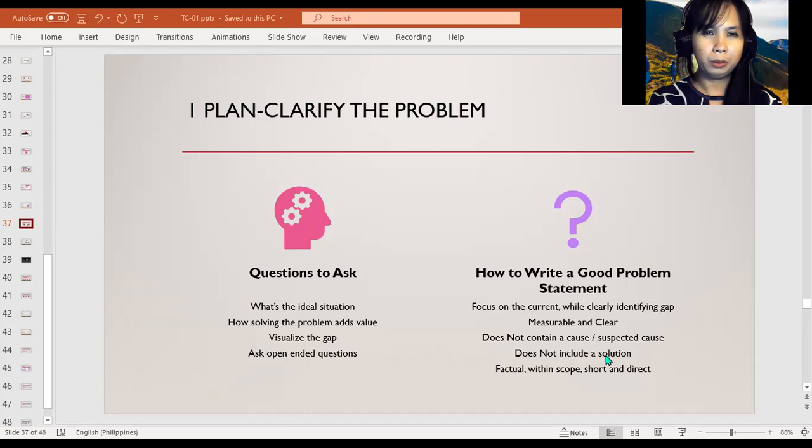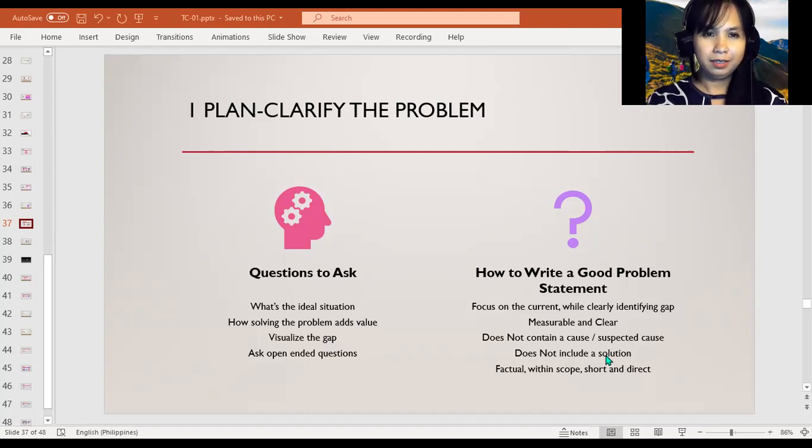So before they work to improve things, they must determine what success looks like. After this, we must understand how solving the problem adds value to the customer and to the company. Some would refer to this as identifying the burning platform.